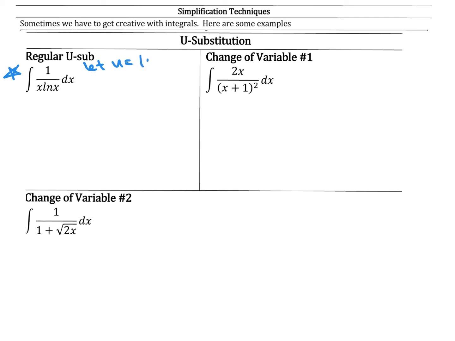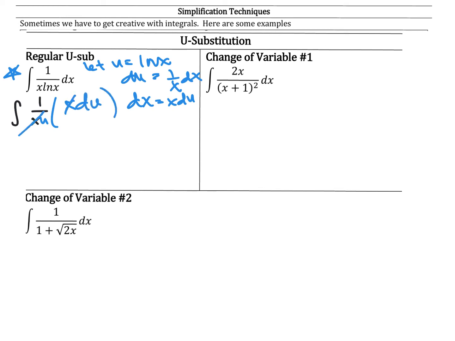So I'm going to let u be natural log of x, which means that du is 1 over x dx, which means I'm going to multiply both sides by x. I'm going to get that dx is equal to x du. So let's see what happens when we rewrite that integral. We would get 1 over x times u times x times du.